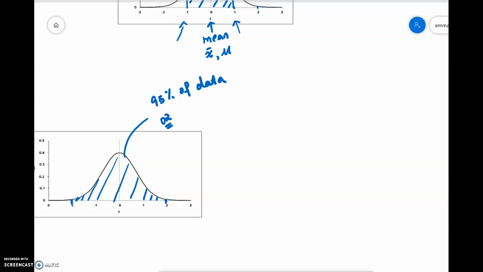And if we're talking about the probability for any z-score or x being between -2 and 2, we're going to have 95% as the probability.